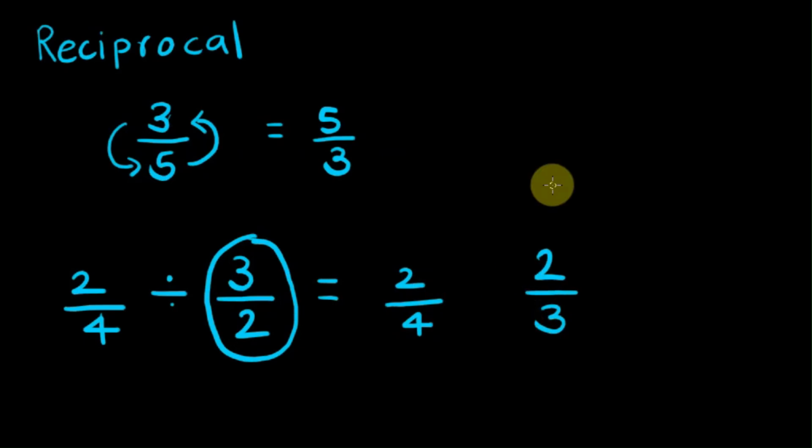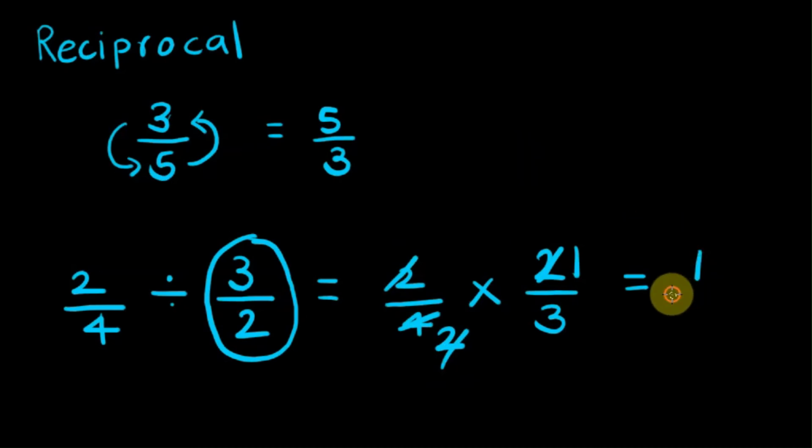Instead I'll multiply the fractions. We learned how to multiply fractions. 2 and 3 have nothing in common, but 2 and 4 do. So 2 ones are 2 and 2 twos are 4. Now I have 2 upon 2 into 1 upon 3. I can cancel out these 2's, because 2 upon 2 is 1. So now I have 1 upon 3.